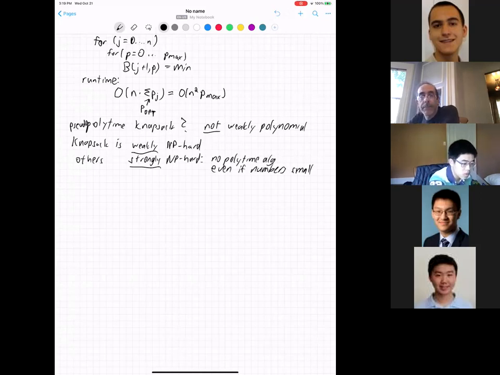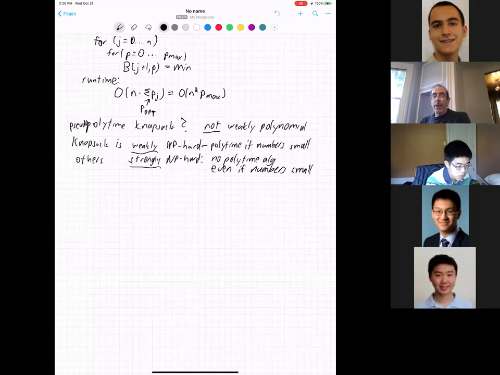So what we've shown is that knapsack is polynomial time if the numbers are small. Right? If all the numbers are polynomial in n, then in fact the runtime of the algorithm is also polynomial in n. But that's not true of some other problems.